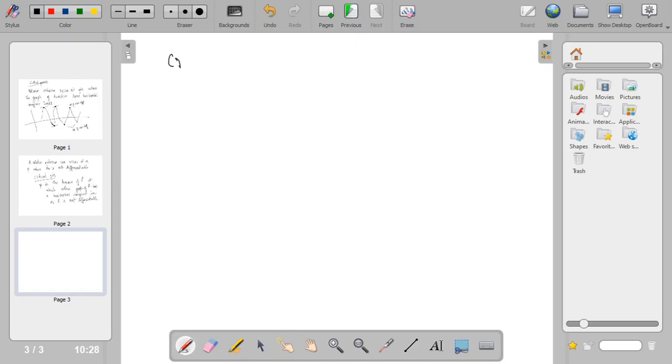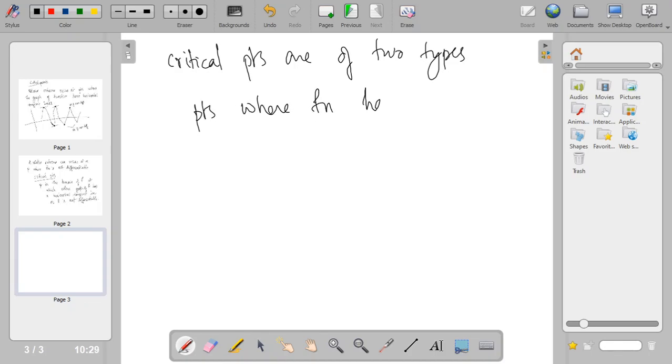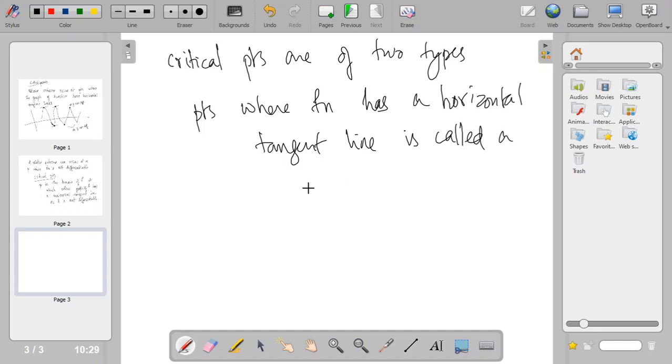So basically your critical points are of two types, and the points where the function has a horizontal tangent line are called stationary points. That is how we define a stationary point.